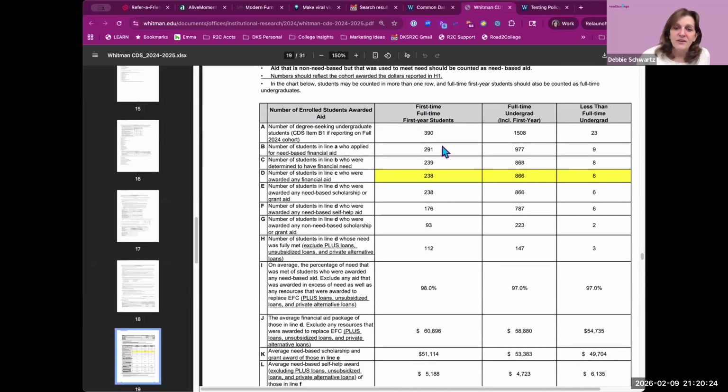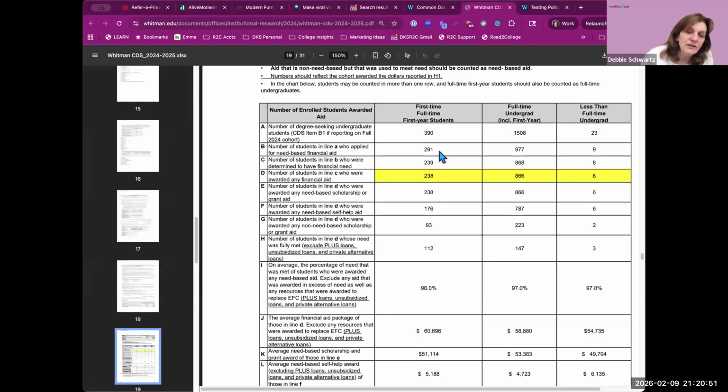Then these are the raw numbers about how many students applied for need-based aid. That's line B. They break out first year versus undergraduate. Just because your student applies for financial aid doesn't mean the college is going to determine that they need financial aid. So that's line C, the number of students in line B who were determined to have financial need.